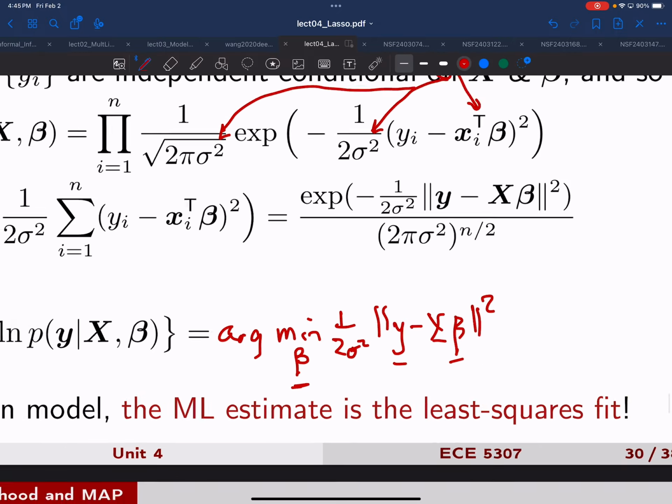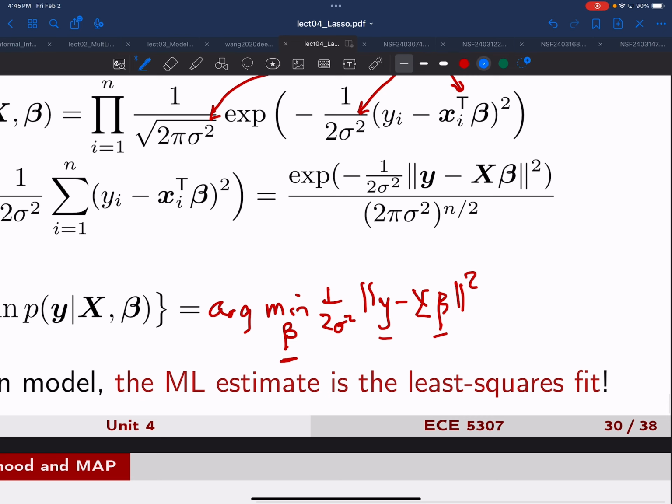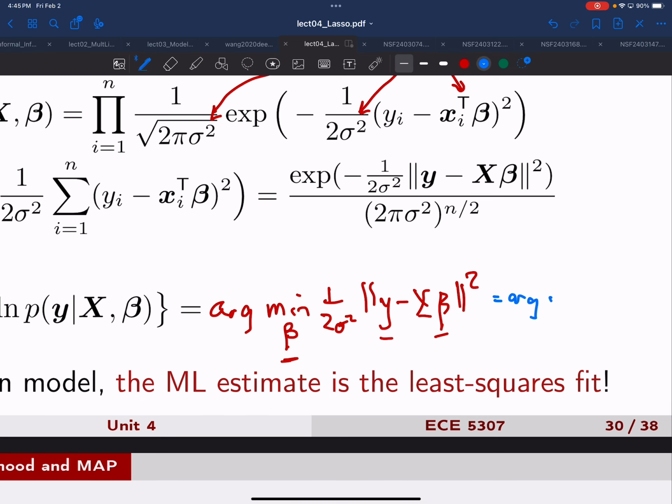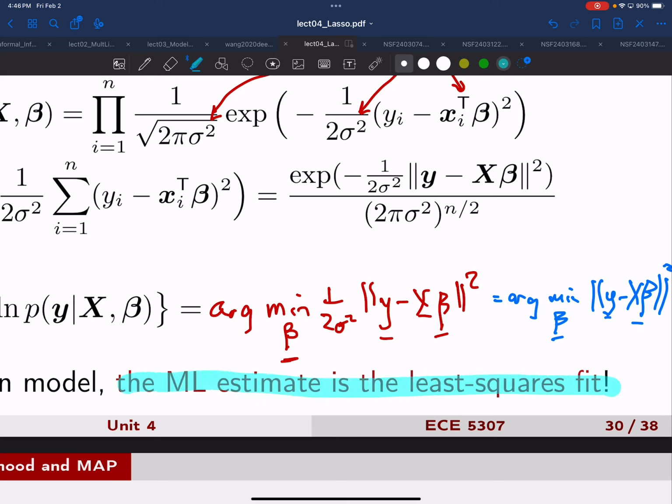So actually, I can write this as argmin beta over y minus x beta, quantity squared. Okay, and now we are doing least squares. So we have recovered least squares. We're explaining when least squares is a great thing to do.